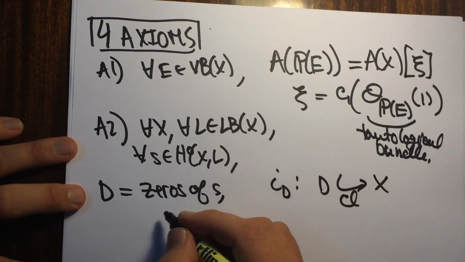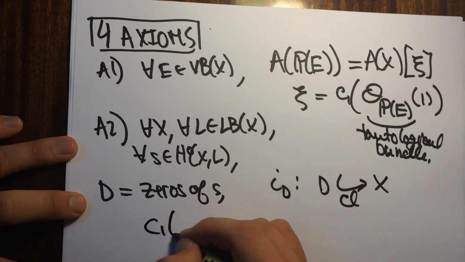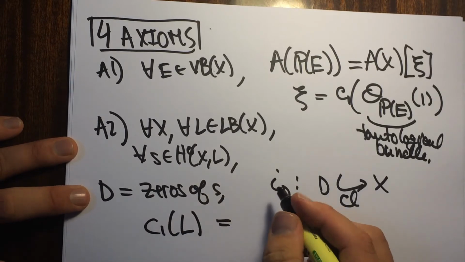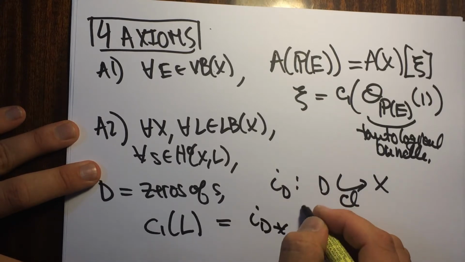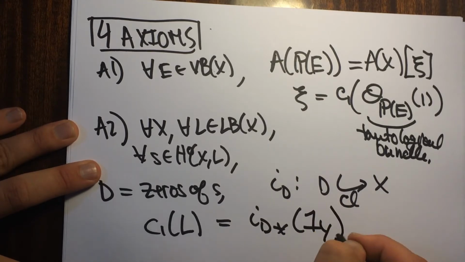And what this says is that the class that we're constructing is going to be equal to the 0 sections of, okay, so there's an identity map.